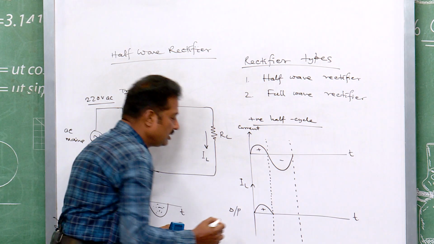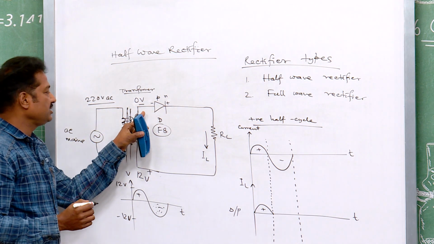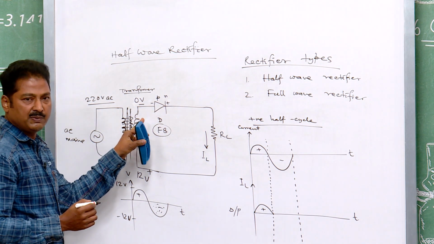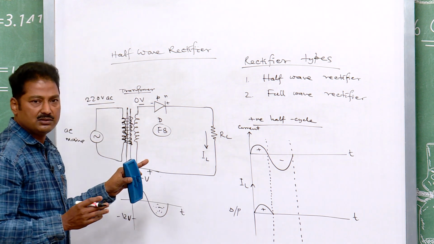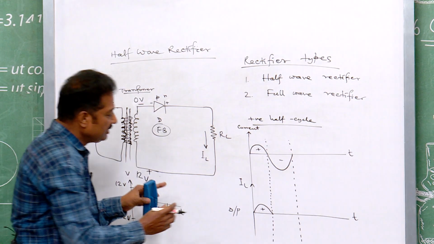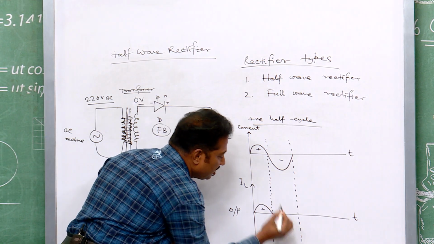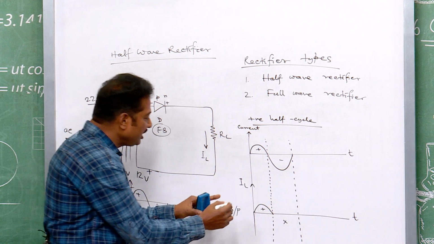Okay. And remember, what was the situation for the reverse bias? In reverse bias, the diode was silent, the current was not flowing. Therefore, there will be no current. Therefore, what will happen?